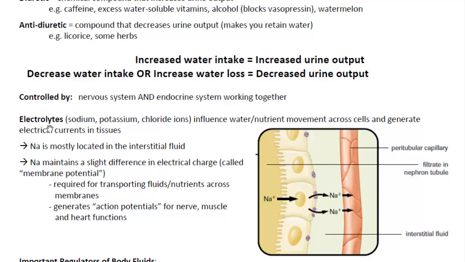Keep in mind, you also have electrolytes that are going to be part of this process, things like sodium, potassium, and chloride ions. And these are going to influence where the water is moving to. And remember that if this is the nephron tube that you see here, if you've got a lot of sodium, which is going to mostly be in the interstitial tissue between the nephron and the capillary, that's going to draw water from the nephron into the interstitial space, and then the proteins that are flowing through the blood tubes are going to draw the water the rest of the way while the sodium is being pumped in.